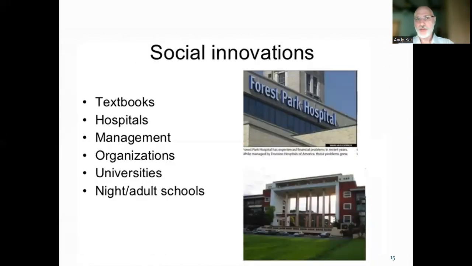We see the social innovations. Okay, we see things that we think were there all the time, but they weren't. Okay, textbooks, hospitals, management organizations, universities, night or adult schools. Okay, all these things are social innovations. They were not there for us all the time. Okay, there were times when we did not have universities or organizations.